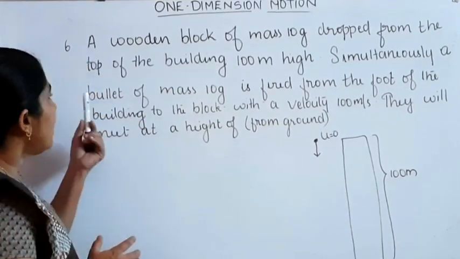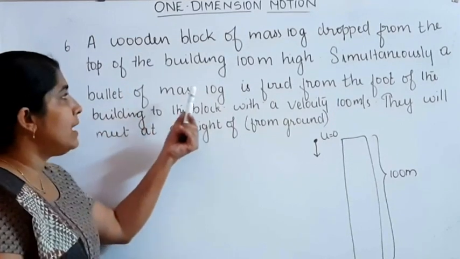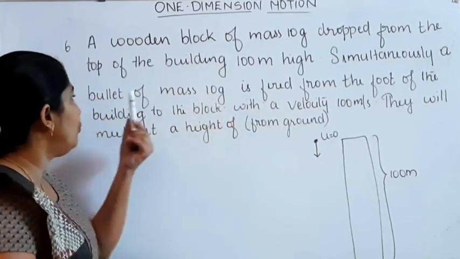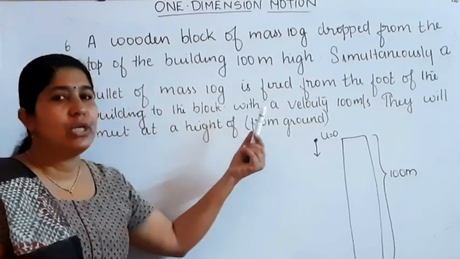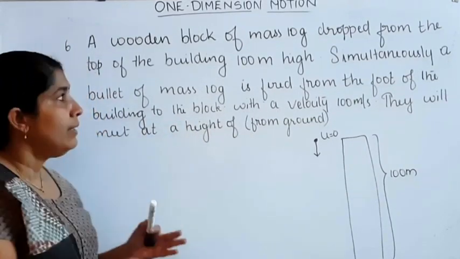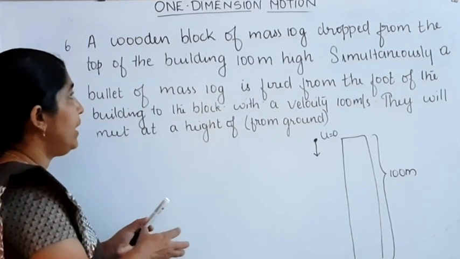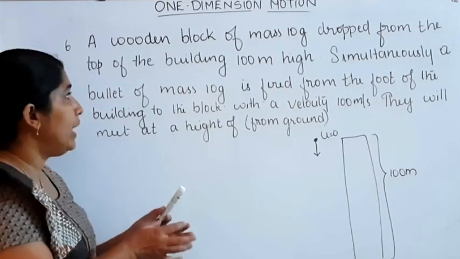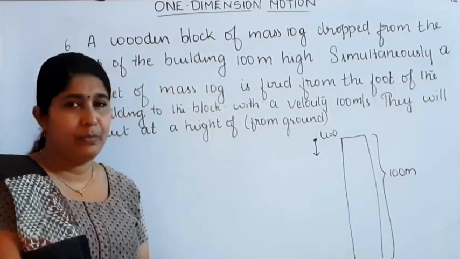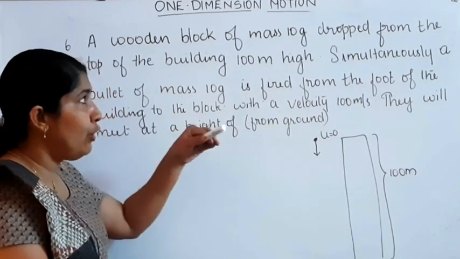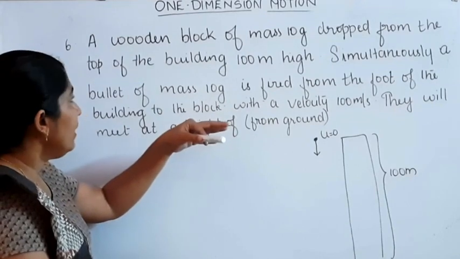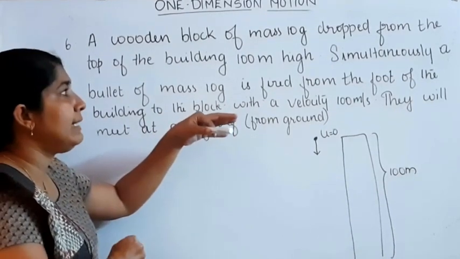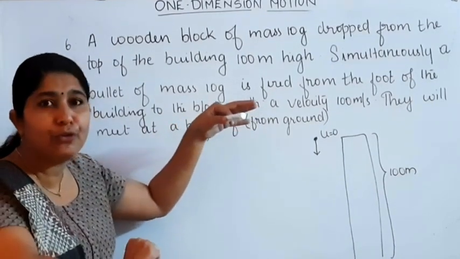Simultaneously, a bullet of mass 100 gram is fired from the foot of the building towards the block with a velocity of 100 meter per second. At the instant of dropping the wooden block from the top of the building, the bullet is fired from the foot of the building.